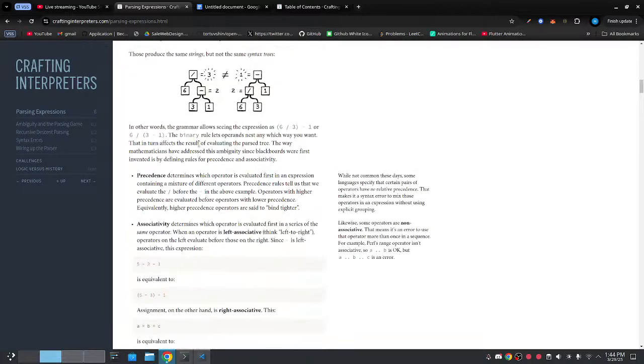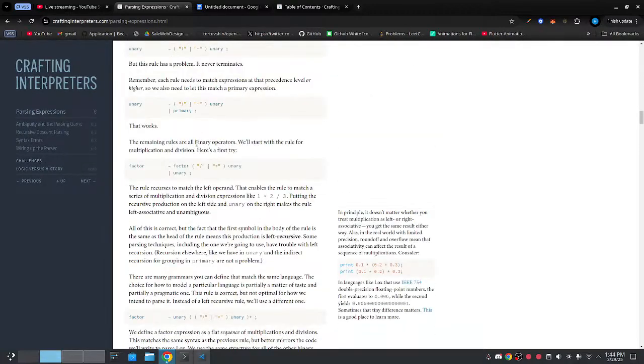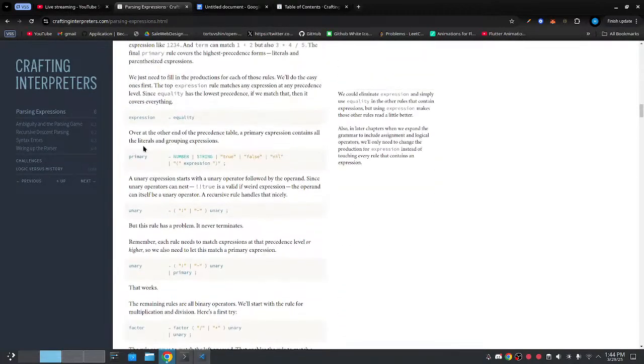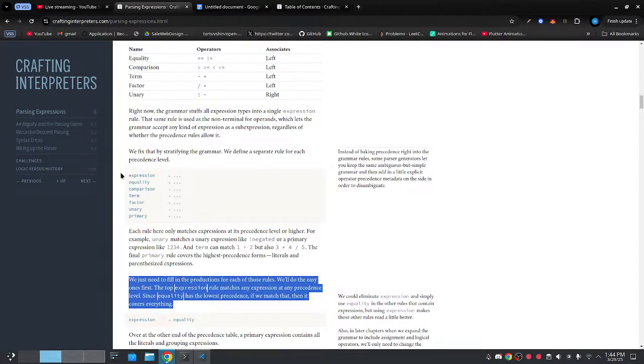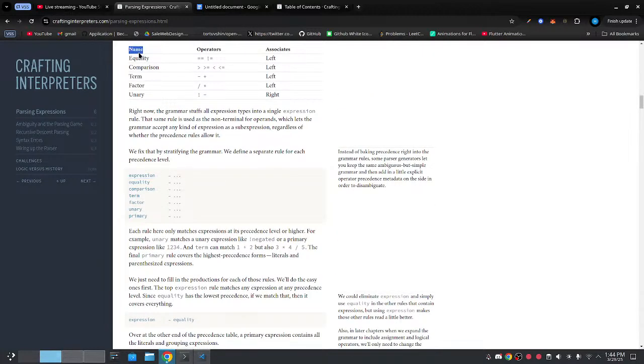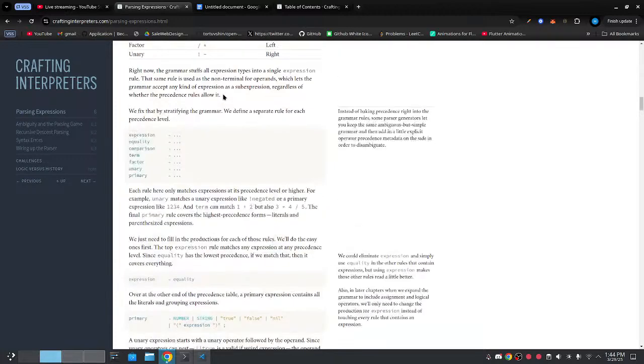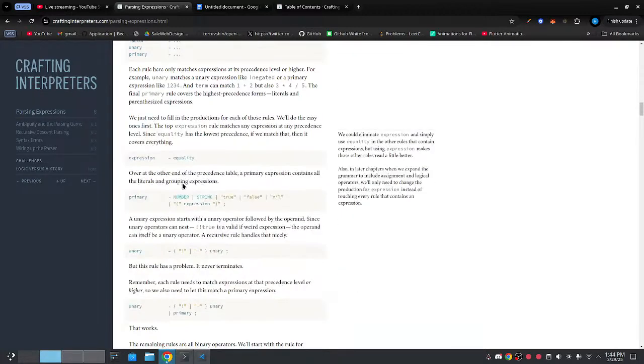Primary is 1 2 3 4. Okay, what is primary? So here it is covered. Okay, we'll go from here. Expression gives equality.